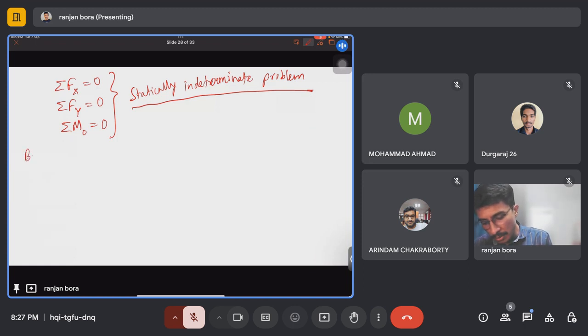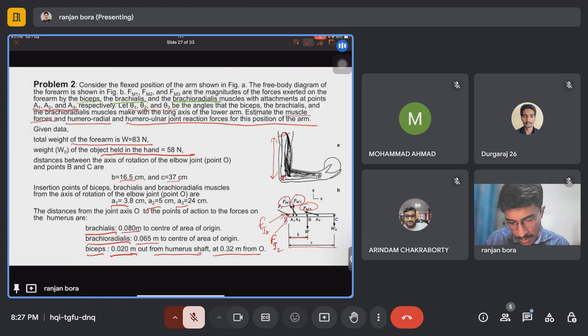For the biceps muscle, these data are given: distances between the axis of rotation. A1 is 3.8. This horizontal component is A1, and in the humerus 0.02 and 0.32.